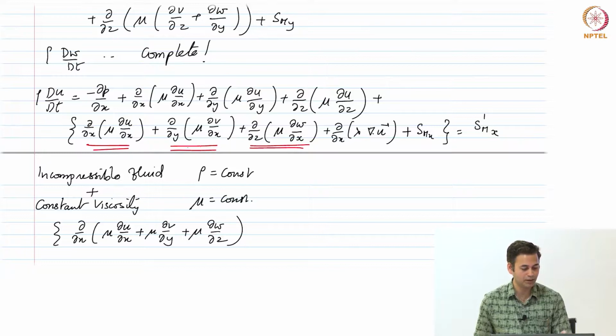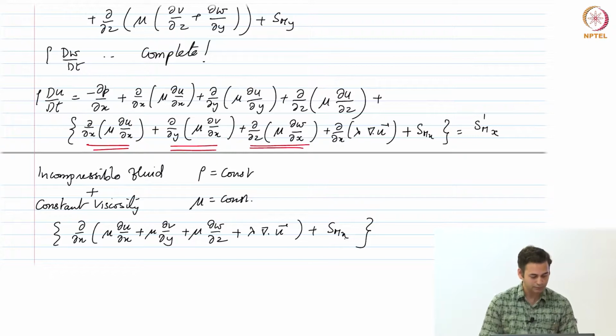These terms underlined in red can be rewritten like this by just interchanging the order of differentiation, because viscosity is now constant. Plus we have, of course, this extra term also in here. So I would go back and write this here, which is plus λ times ∇·u, plus S_mx, the term in the curly braces.